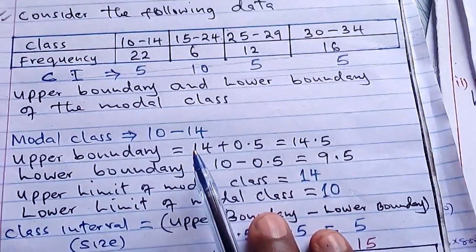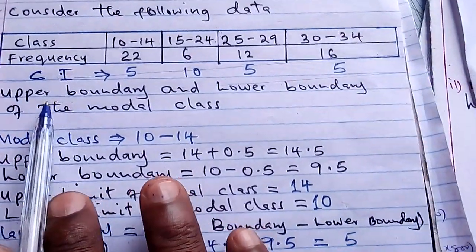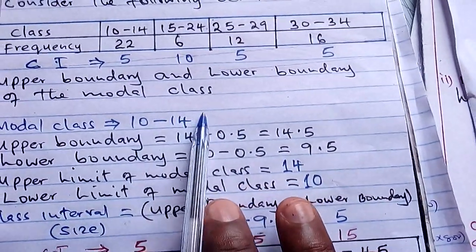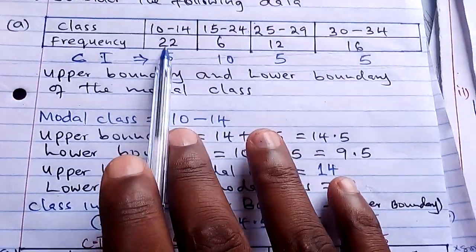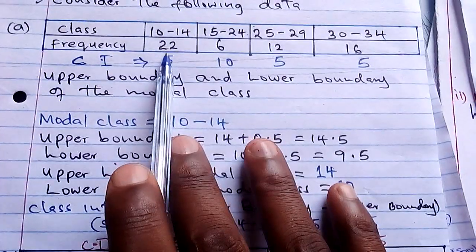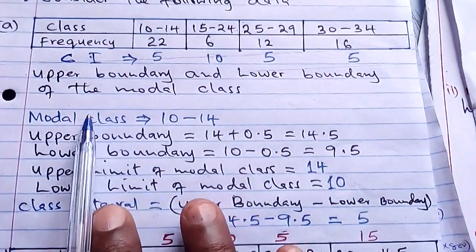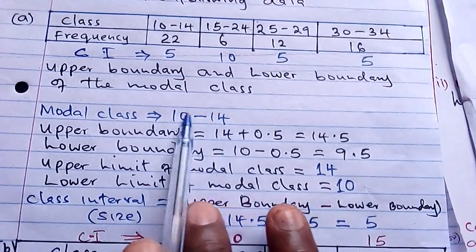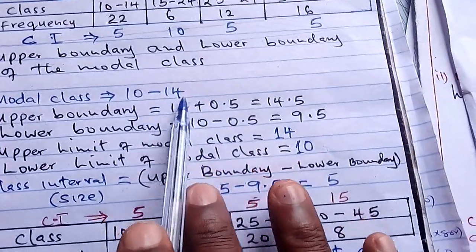So very quickly to the first data. You can be told to state the upper boundary and the lower boundary of the modal class. The modal class is the class with the highest frequency. So modal class is 10 to 14. For the upper class boundary of this class, if you look at this number, this is the upper number.